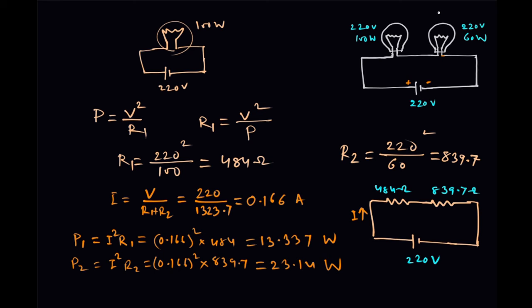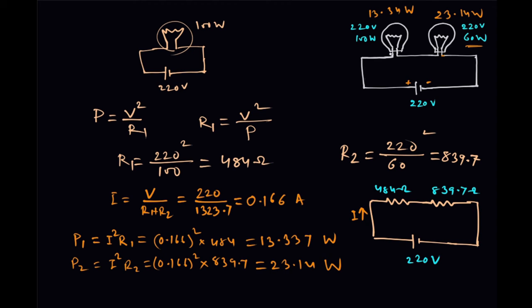So it is consuming 23.14 watt, and this one is consuming 13.3 watt. So we can see that the 60 watt bulb is now consuming more power than the 100 watt bulb.